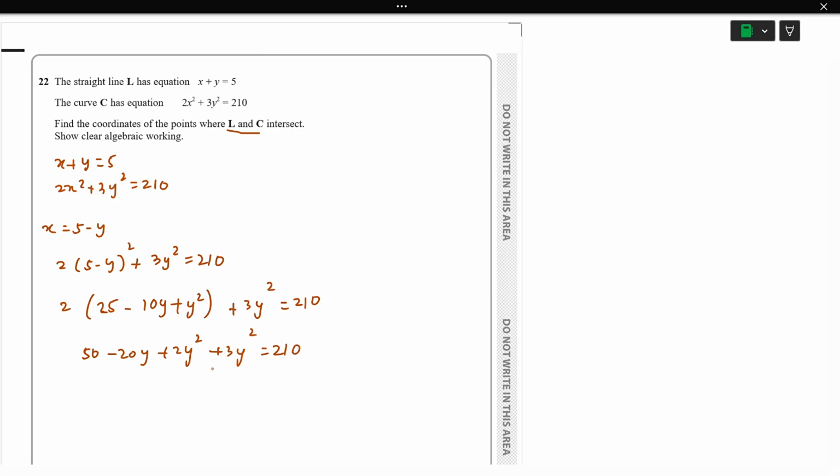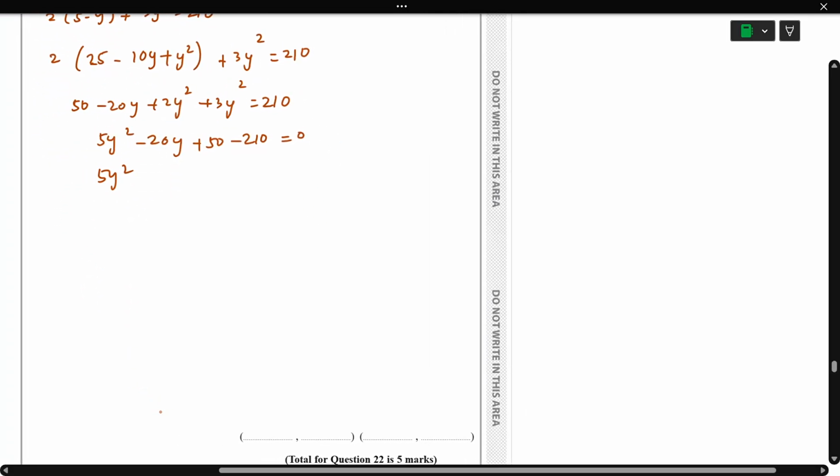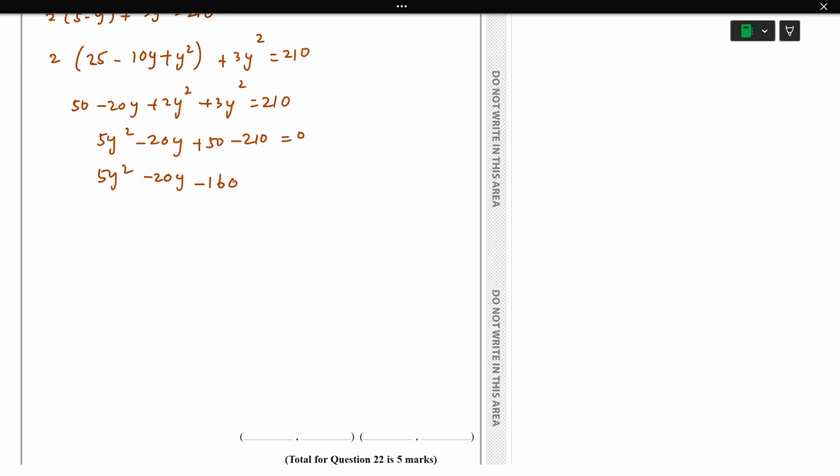Now 2y square plus 3y square is 5y square, minus 20y plus 50 minus 210 equal to 0. So 5y square minus 20y minus 160 equal to 0. Now 5 is common, so I'll divide by 5. So y square minus 4y minus 32 equal to 0.